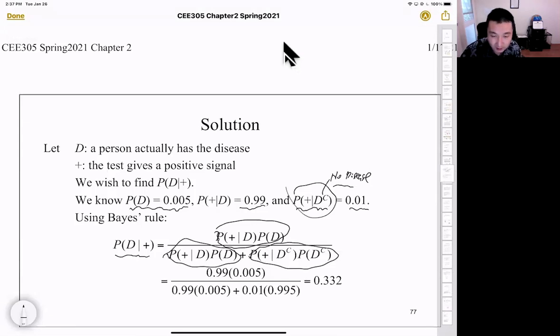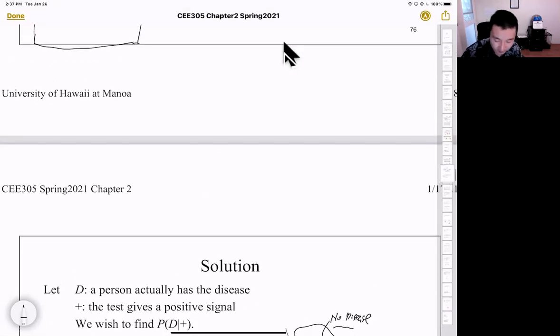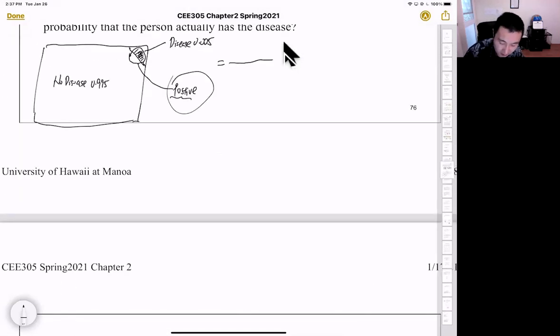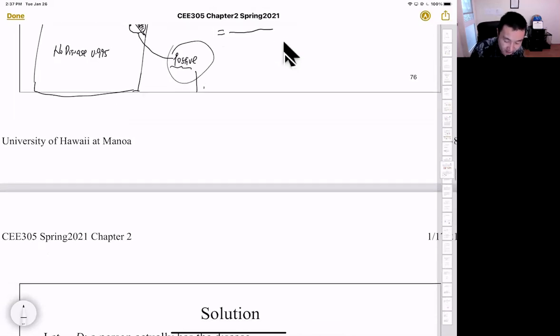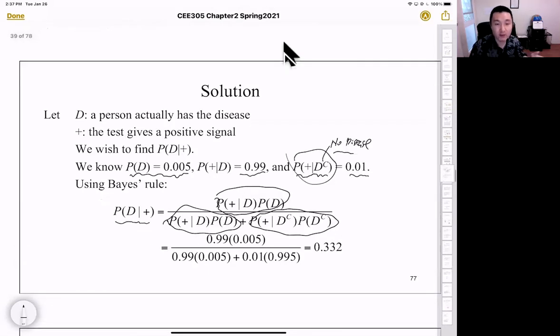That part added together is the positive circle. We add each part together and plug in the information. So we get the probability the person has the disease, if we know the test gave a positive, will be 33.2%.